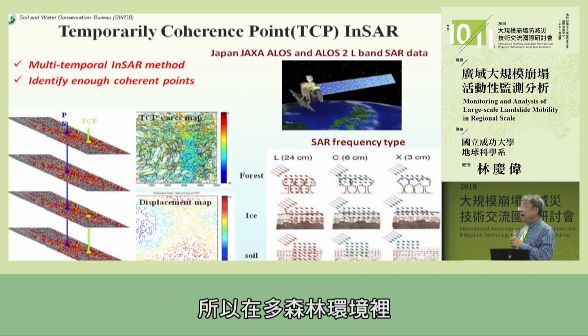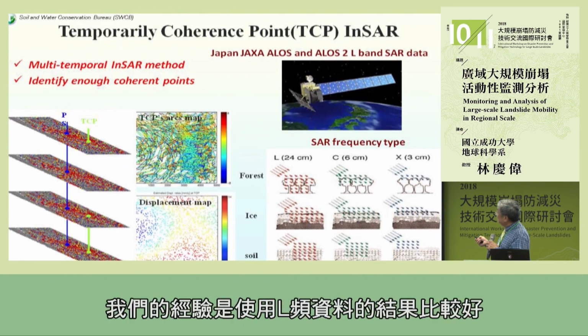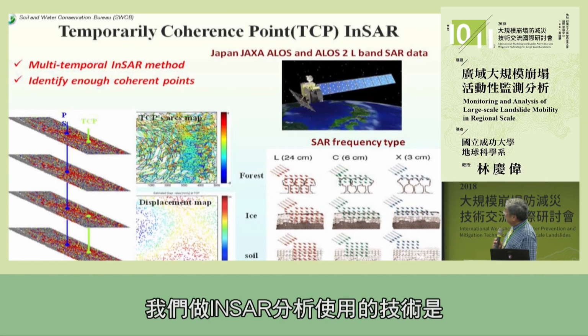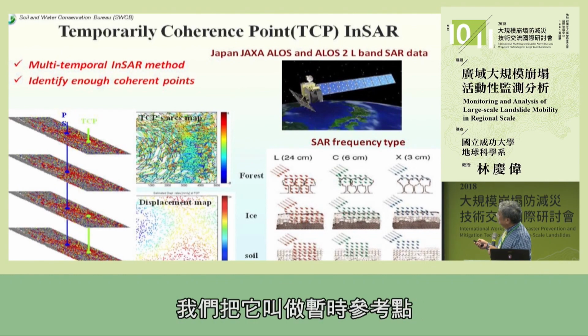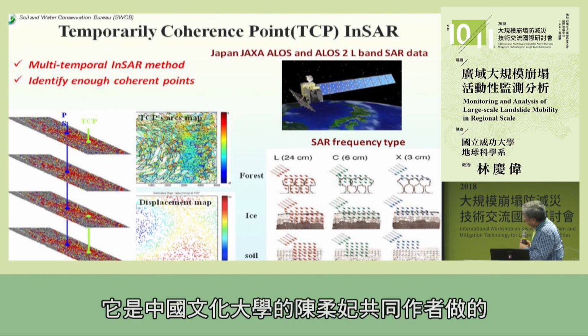So under heavy forest environments, you will experience better results using L-band data. And for the InSAR analysis, we use a modified short baseline InSAR approach, which we call temporal coherence point. It was done by co-author Lo Fei Chen from Chinese Culture University.